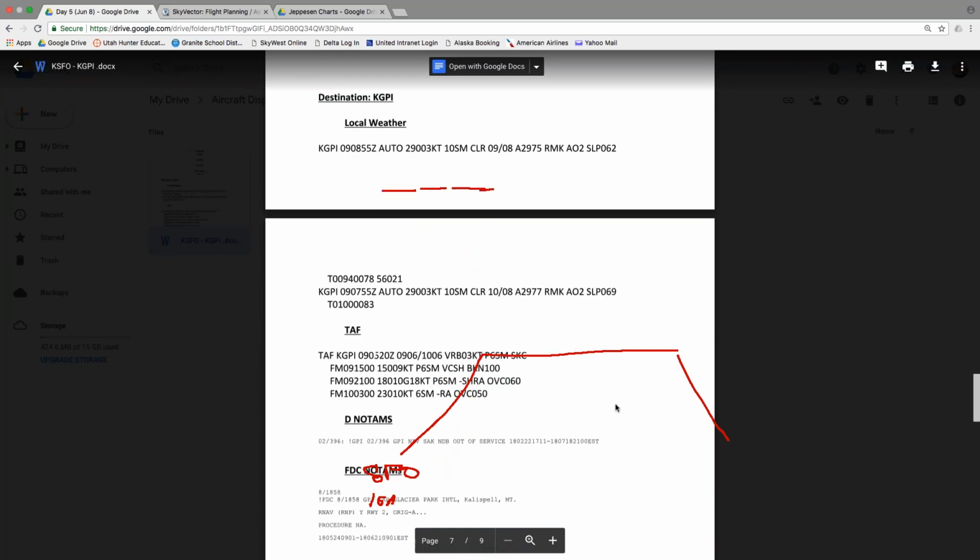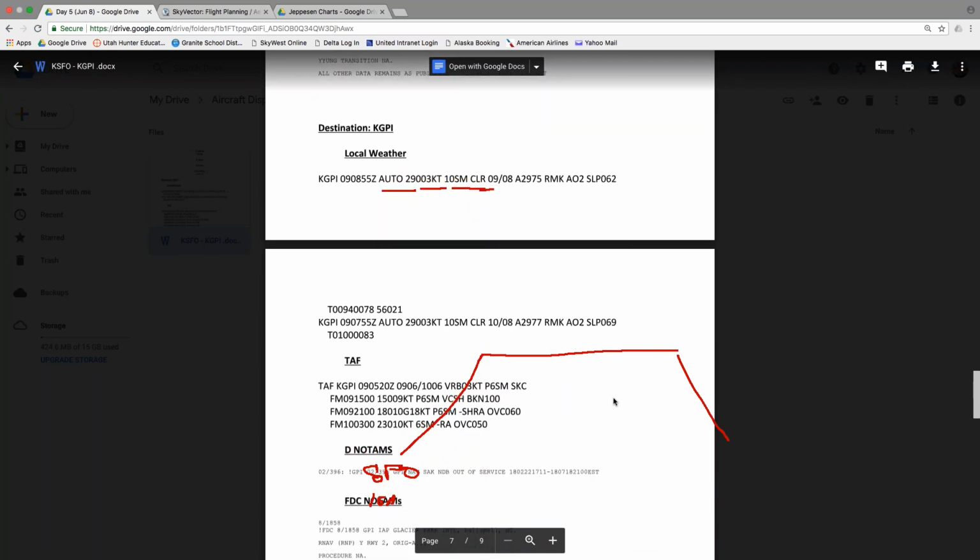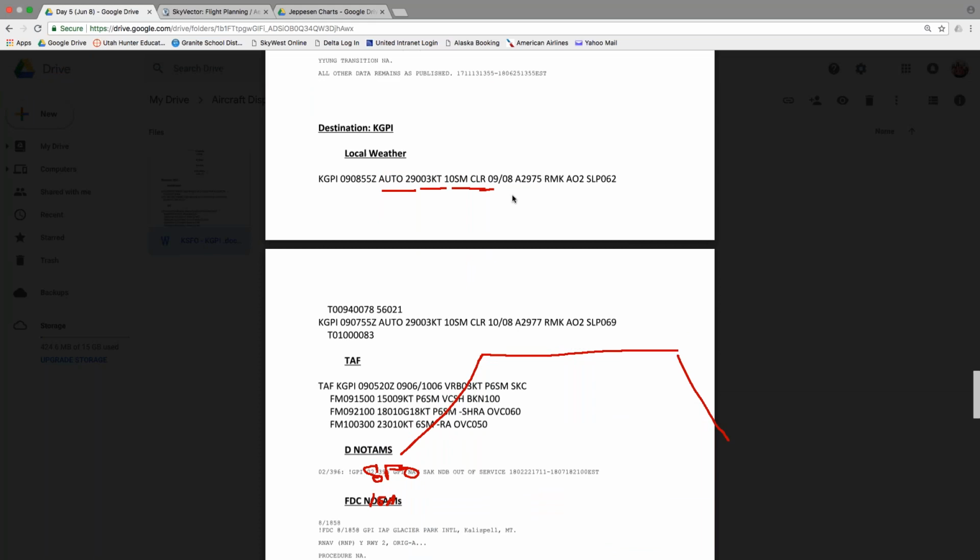Okay, so local weather in Kalispell. Remember, for this class's sake, we're just going to take the temperature that it is currently. We'll just use that for flight planning just to simplify things. Just know that when you get out there, you're going to be able to see the forecast and the trends, and you're going to be able to make a decision.